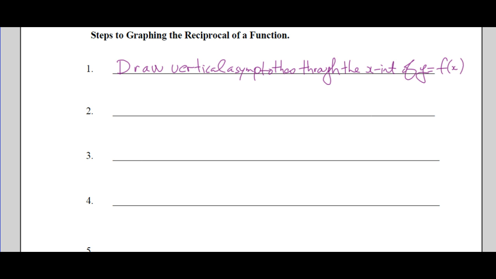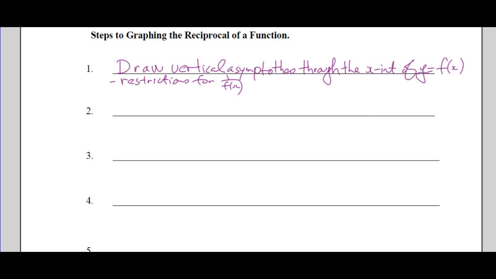Y equals f of x. Okay, because the x-intercepts are where y is equal to 0, and then if you try and do 1 over y, you can't do 1 over y, right? So those are the restrictions for 1 over f of x.